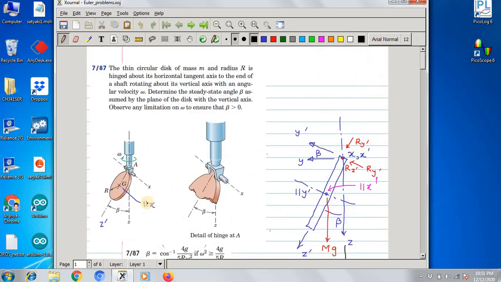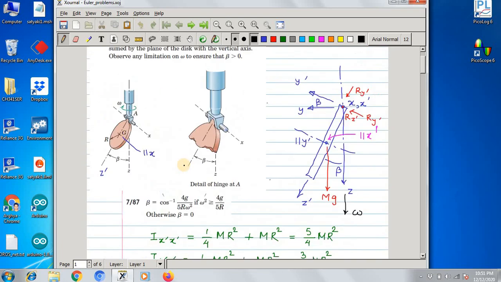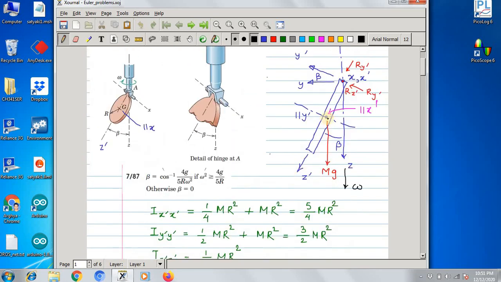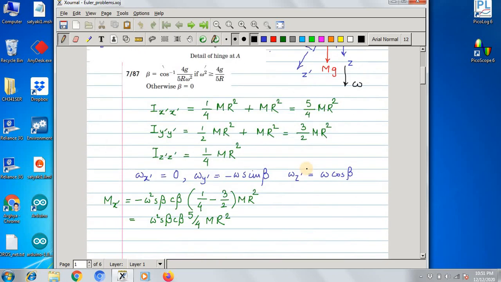And so what is the angular velocity of the disk? The angular velocity of the disk is omega about this z, omega about this z and nothing else. So omega about this z means minus omega sine beta and omega cos beta along z dashed.